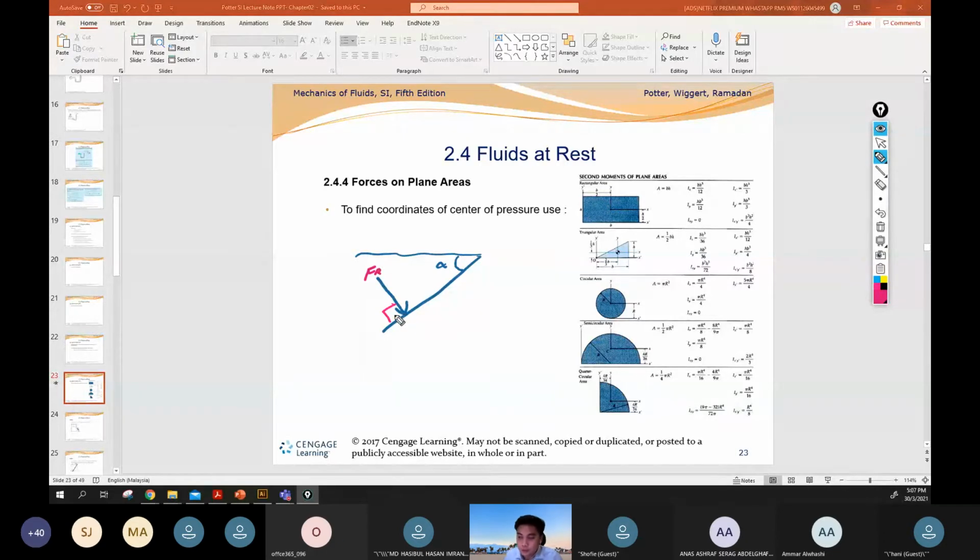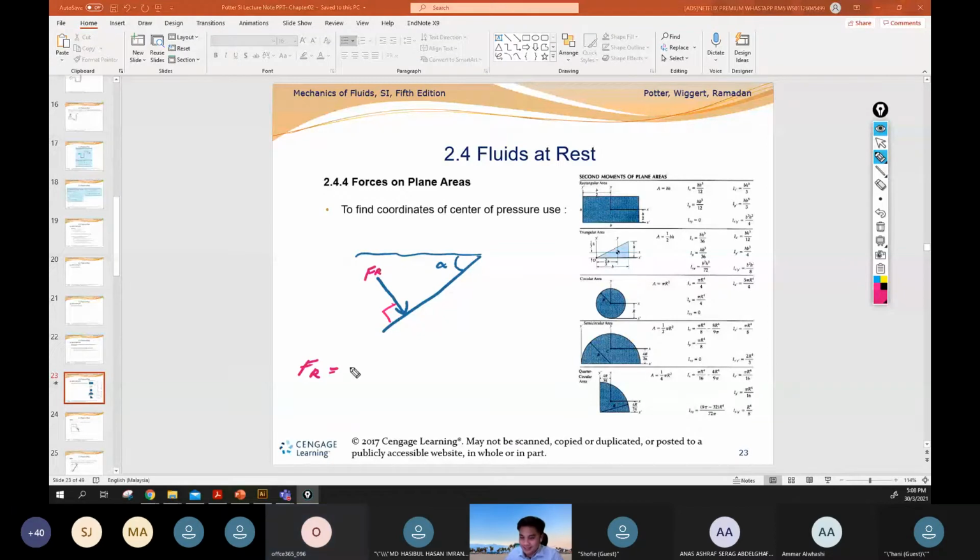So what is the formula to calculate the resultant force? So Fr is equal to, anyone? Pythagoras theorem, the hypotenuse. Okay.